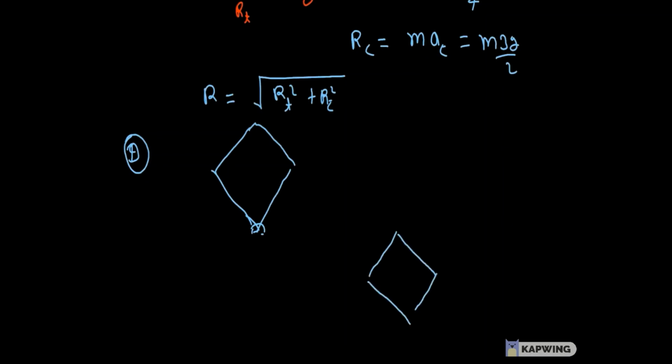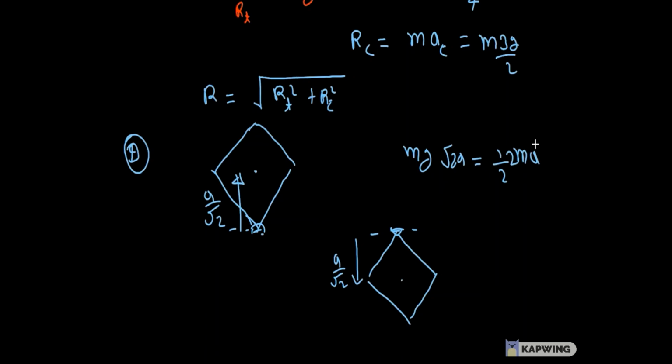In this case, work of gravity will be maximum, because the center of mass was initially at a distance a by root 2 above the hinge, and finally the center of mass will come a by root 2 distance below the hinge. So the work of gravity will be mg into h. h will be root 2a, 2 times a by root 2, equal to half I omega square.